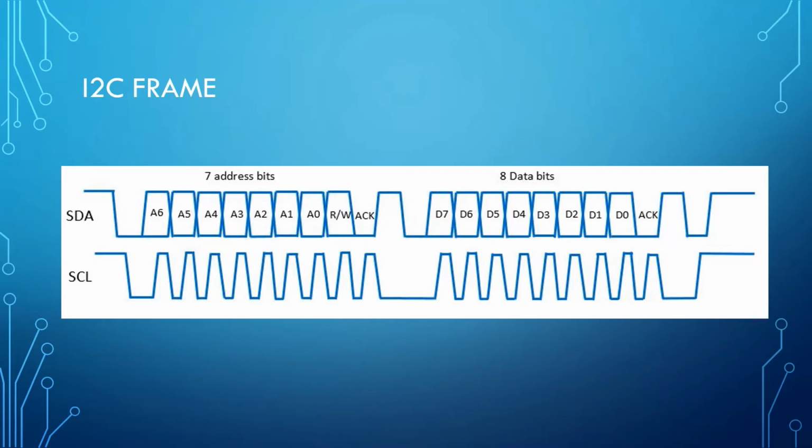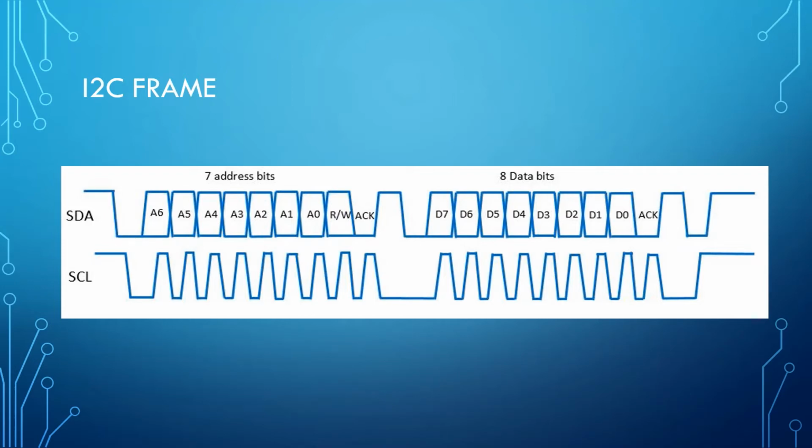Now the frame structure of I2C. How does it detect the start bit? When the clock is high and data transitions from high to low, the I2C frame considers it a start bit. After the start bit, there will be an address of 7 bit to 10 bit.